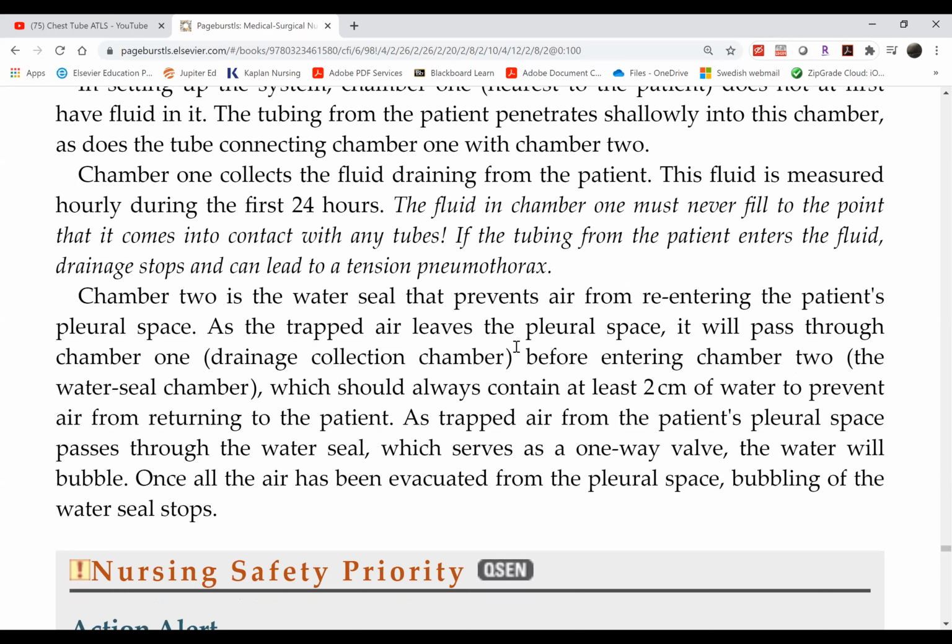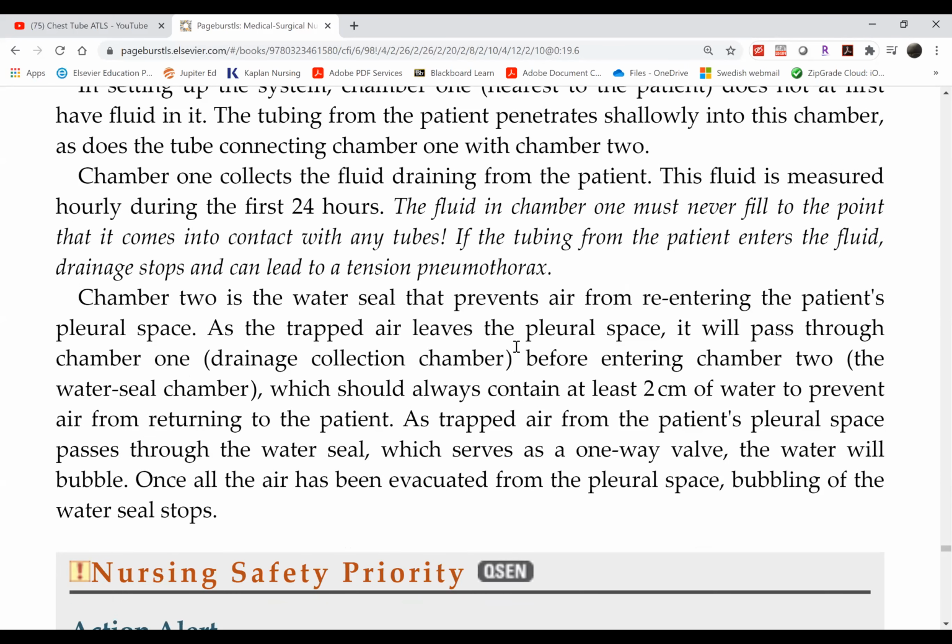Chamber 2. There is a typo here, by the way. This is chamber 2, water seal.